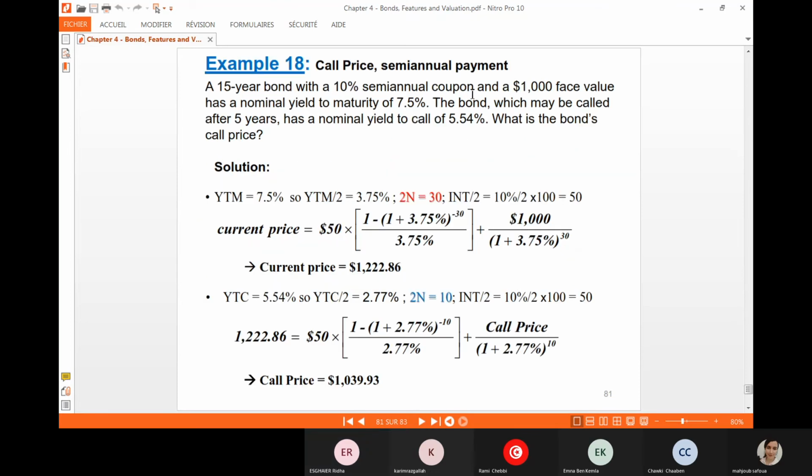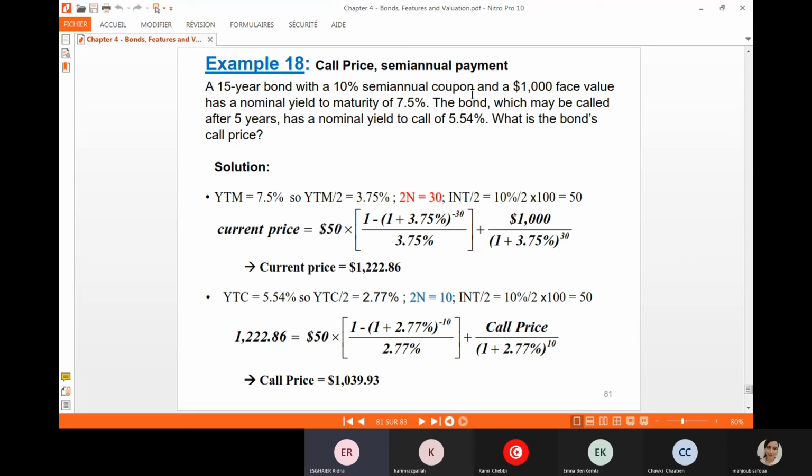But a 15-year bond with a 10% semi-annual coupon and 1,000 face value has a nominal yield to maturity of 7.5%, when the market required yield to maturity was 7.5%.